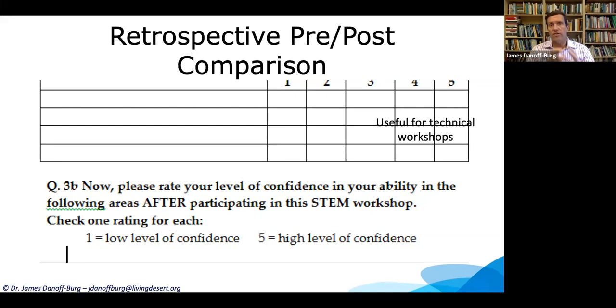So in very technical, heavy questions or trainings, you would want to do a retrospective pre-post. Here you would have two of these lines, and I apologize for the formatting on the screen.